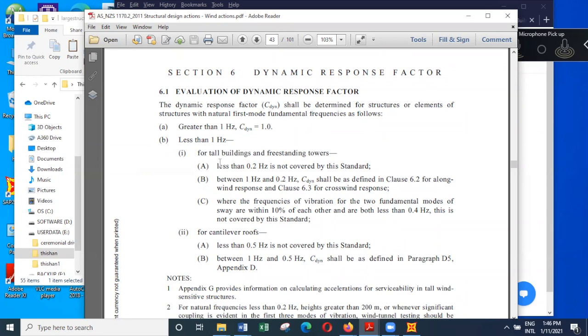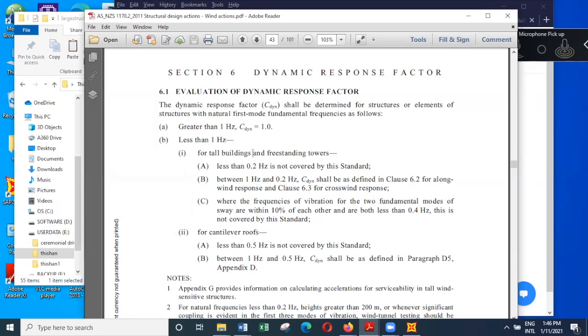When you have a 3-story building, the likely natural period of vibration will be about 0.3, which means natural frequency will be 3.33. If you have a 5-story building, the natural period of vibration will be about 0.5 seconds, and that will end up with a natural frequency of 2, because natural frequency is the reciprocal of natural period of vibration.